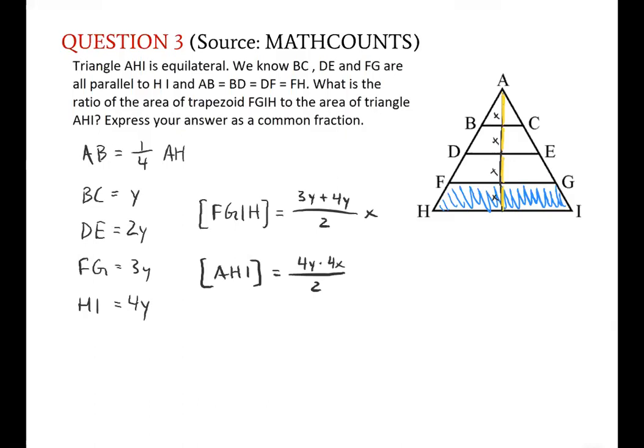So the area of the trapezoid will be on top, and it is 7Y times X over 2, and then the triangle is 16YX divided by 2. And we can see that our ratio is just 7/16.